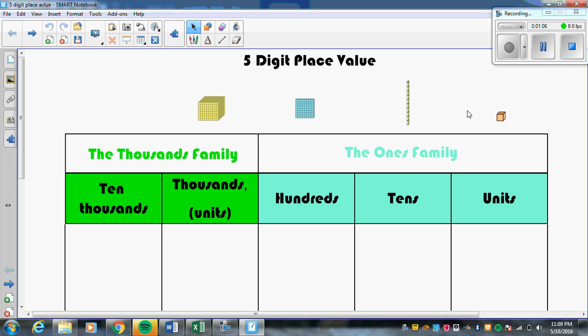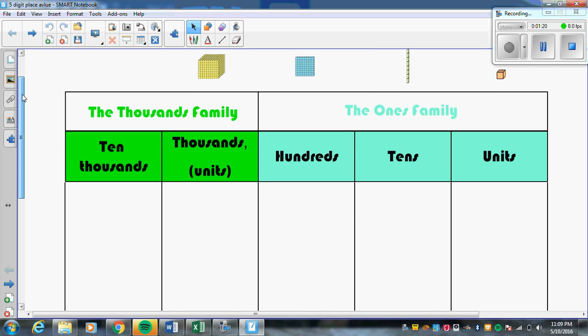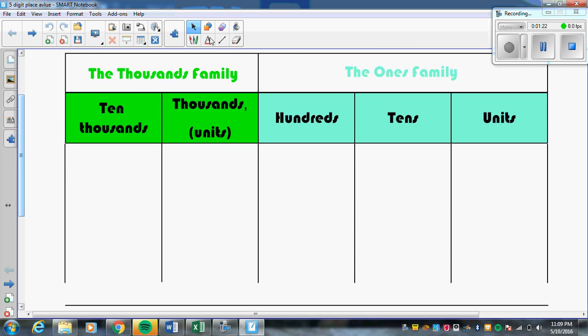Okay, quick review here. I'm just going to write out a number into our place value columns, and then we'll have a look at the different forms of writing numbers and pulling them apart.